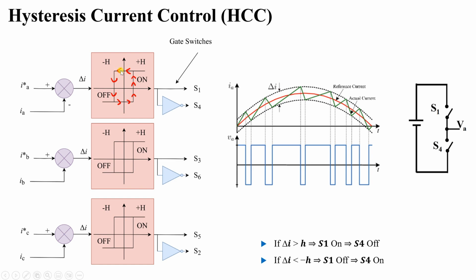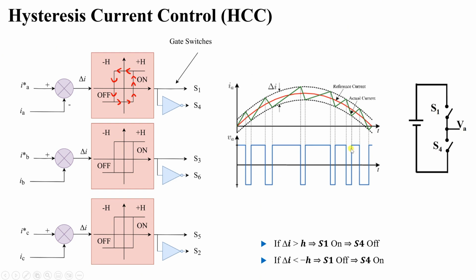Now, the smaller this gap, the more switching will happen, and the closer the current will be to the reference value, right? As H becomes tighter and 2H decreases, the current becomes smoother than before, right?